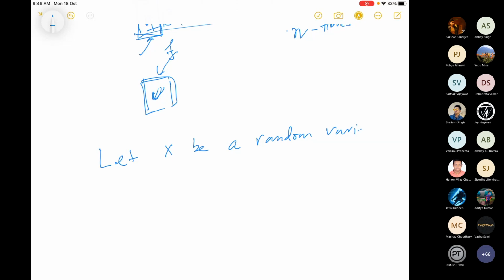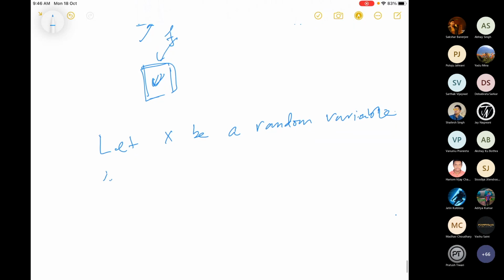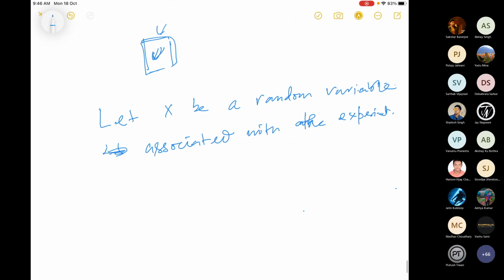Let x be a random variable associated with an experiment, and let fx be the PDF of x, which you don't know, by the way.